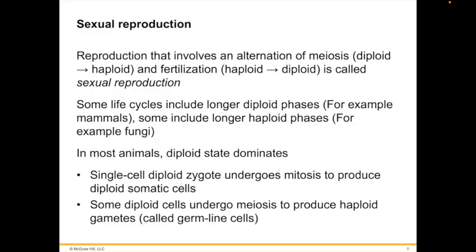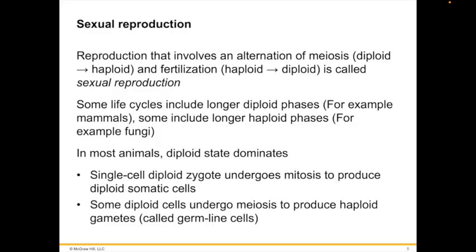The zygote undergoing meiosis produces haploid cells that then undergo mitosis. Some plants and some algae alternate between a multicellular haploid phase and a multicellular diploid phase. I won't teach those in this course, but those will be taught in Biology 2, or Principles of Biology 2.